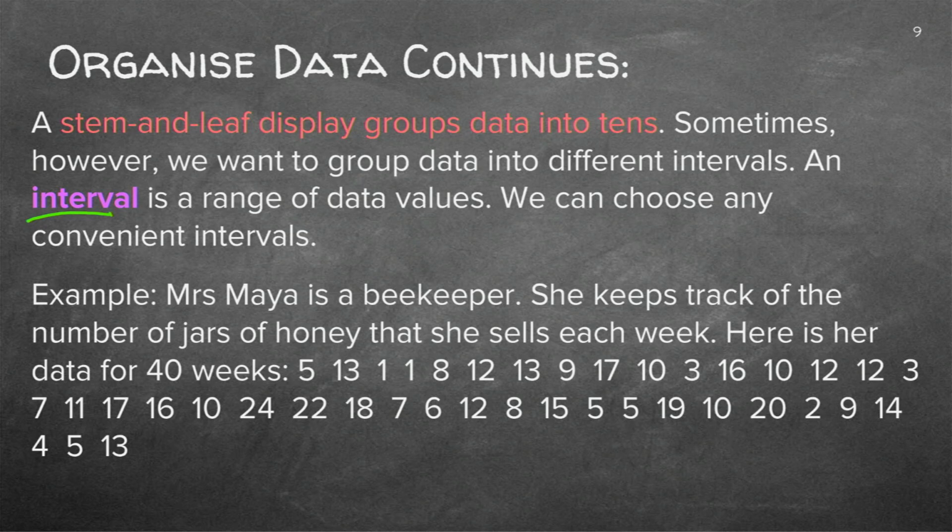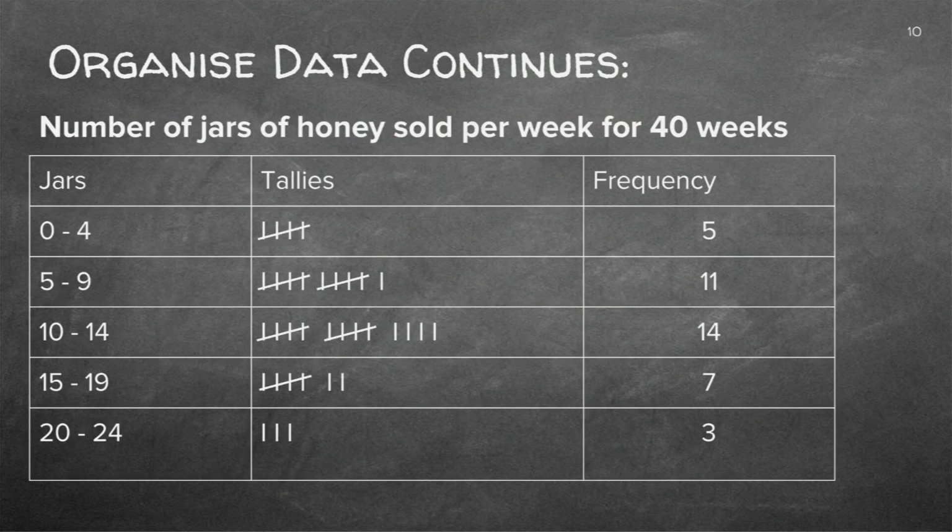Now here is the data for 40 weeks. This is her raw data. Okay, so one week she will sell 5 jars, some weeks 13, and as many as 24 jars in one week. But you cannot do much with this. So what has she decided? To make a frequency table.